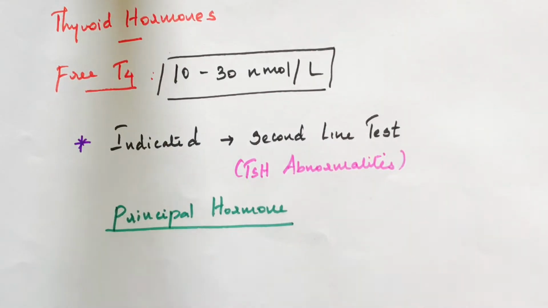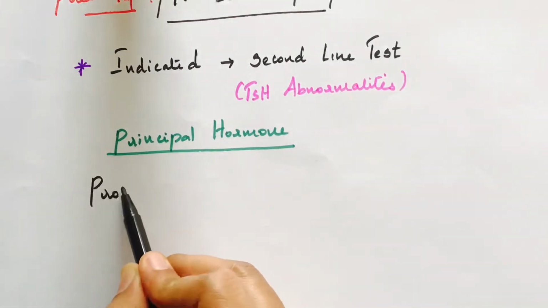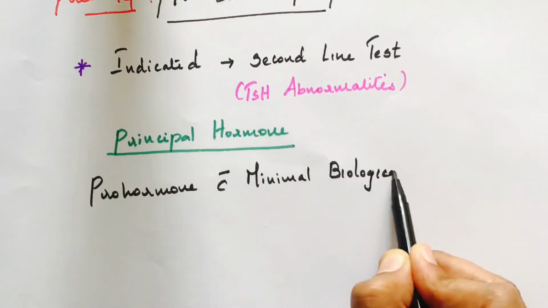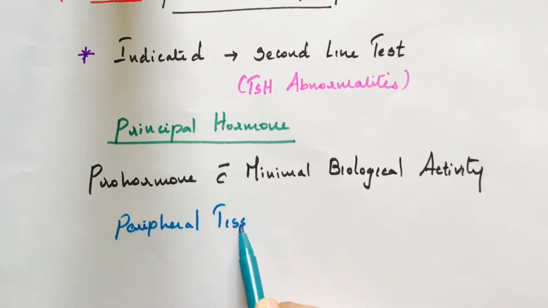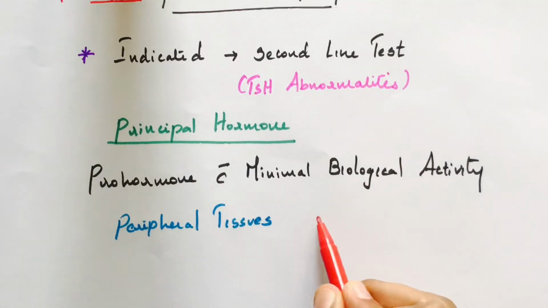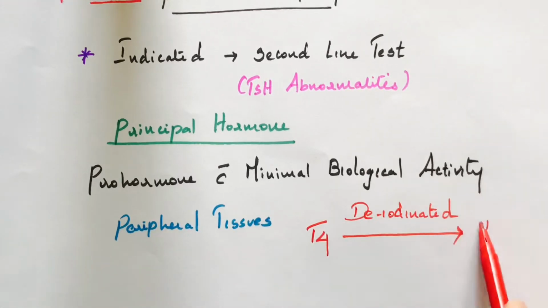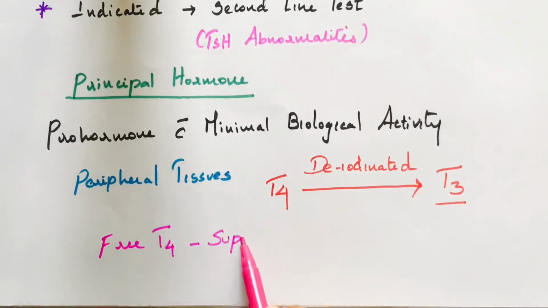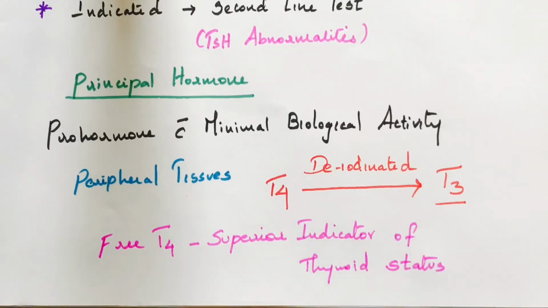It is the principal hormone secreted by the thyroid gland, but it is a prohormone with minimal biological activity and gets deiodinized in the peripheral tissues from T4 to the active hormone T3. This free T4 is the superior indicator of thyroid status next to TSH.